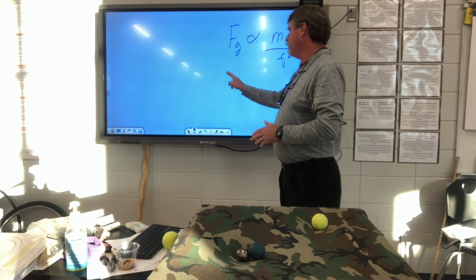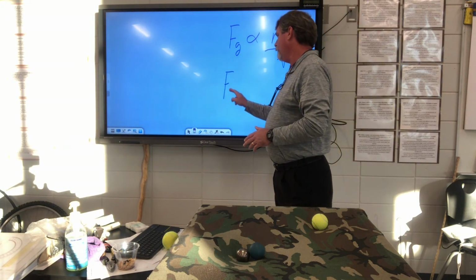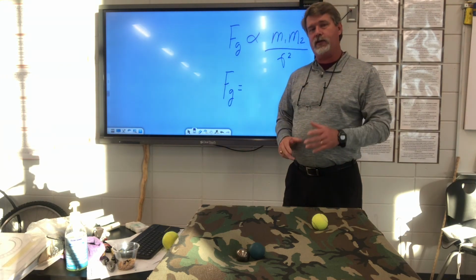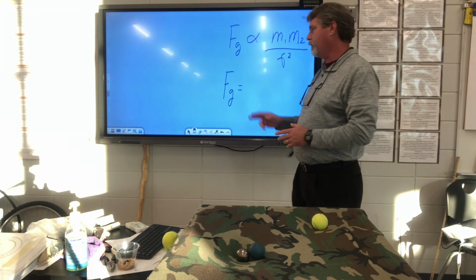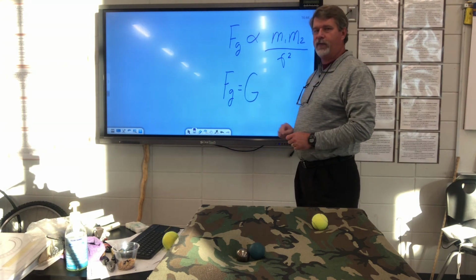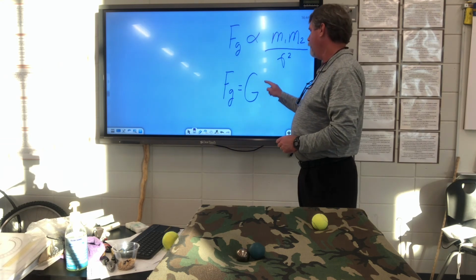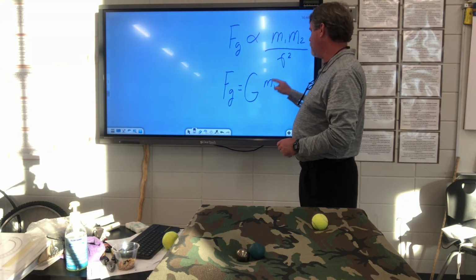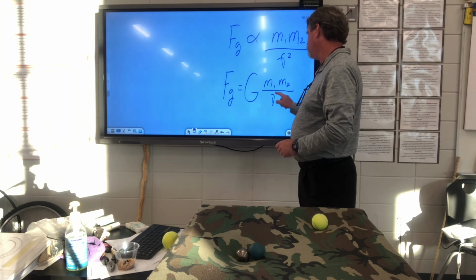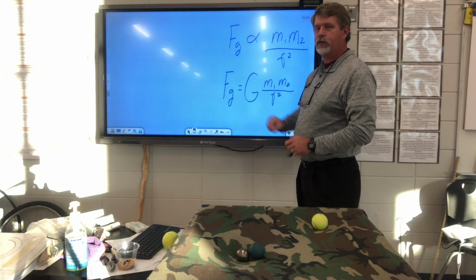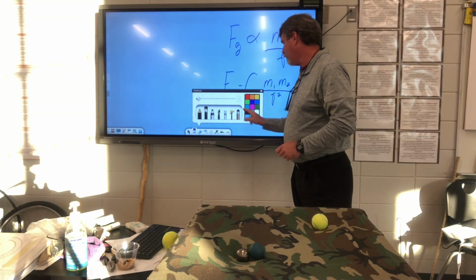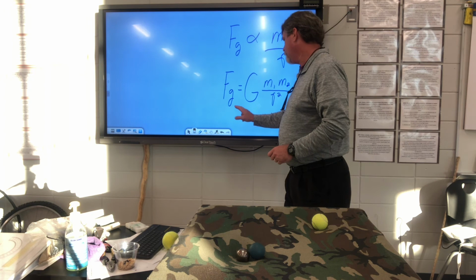So we won't go into full review, but a scientist, Cavendish, in the late 1700s, early 1800s, discovered this constant, capital G, the universal gravitational constant, and that is the number that makes the ratio of the masses equal to the force of gravity, the universal gravitational constant. And that's important for us.